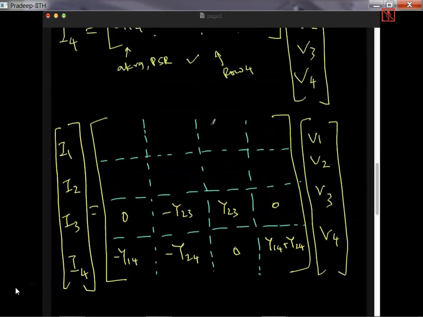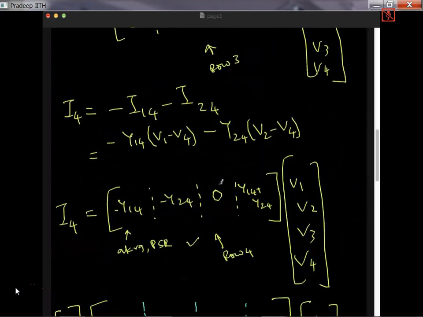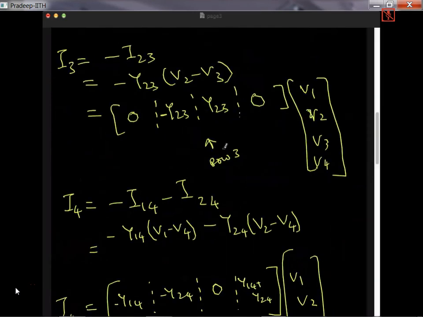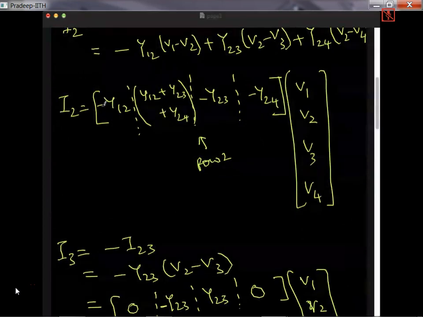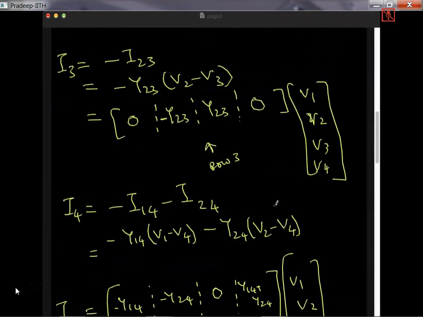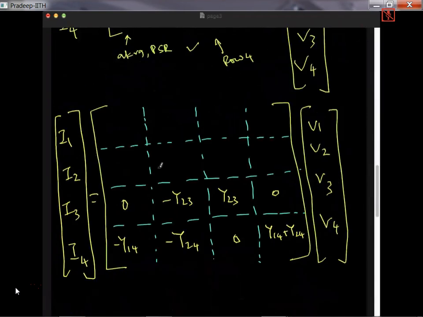So now if I go to I2, what is I2? Minus 1, 2, minus 2, 3, minus 2, 4. Okay. So minus Y12, minus Y23, minus Y24. And this one is Y12 plus Y23 plus Y24.